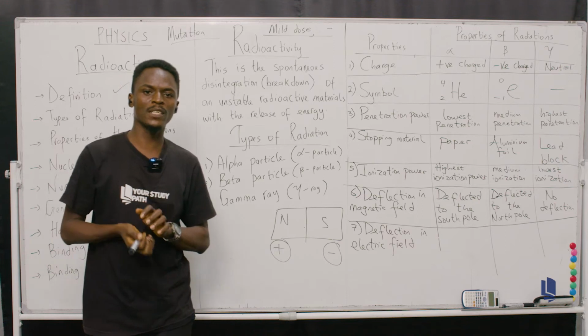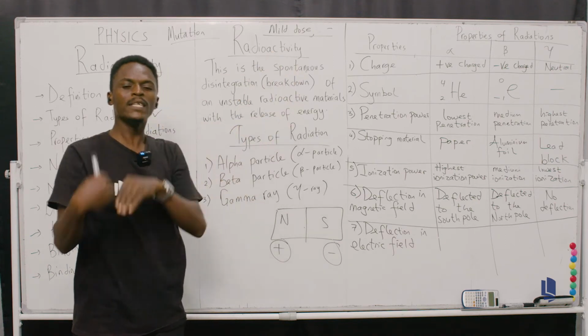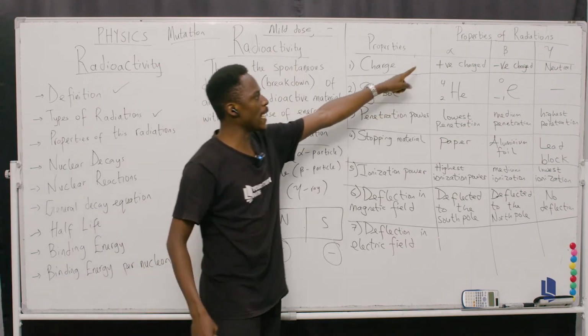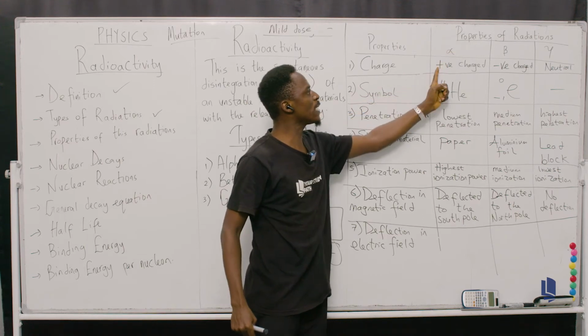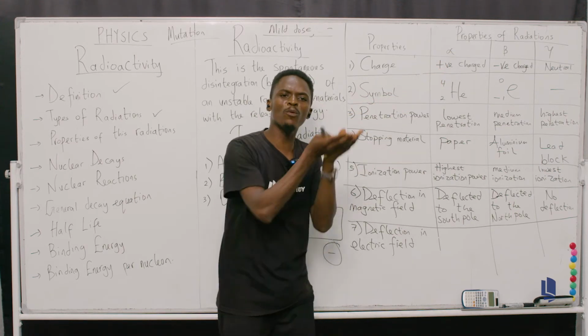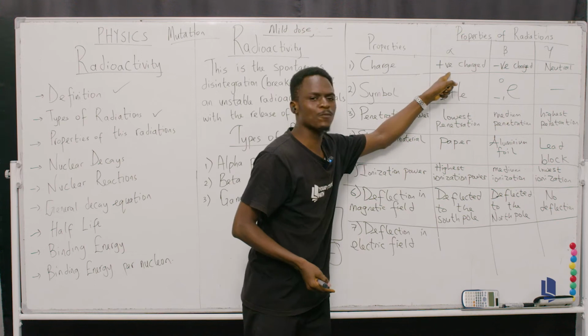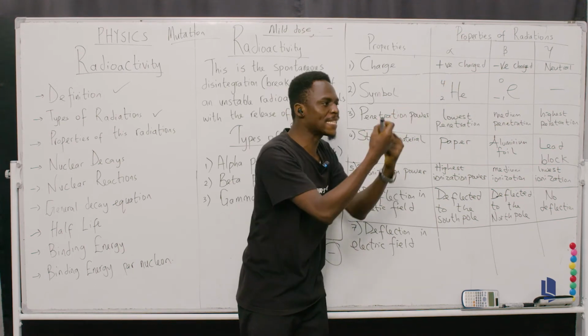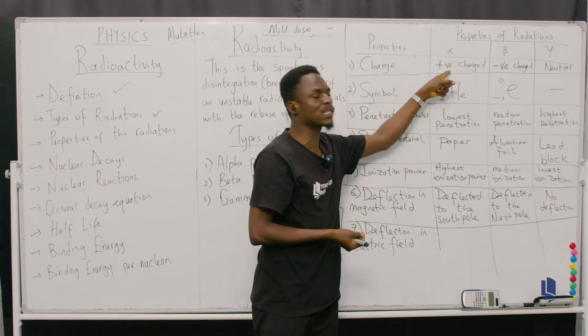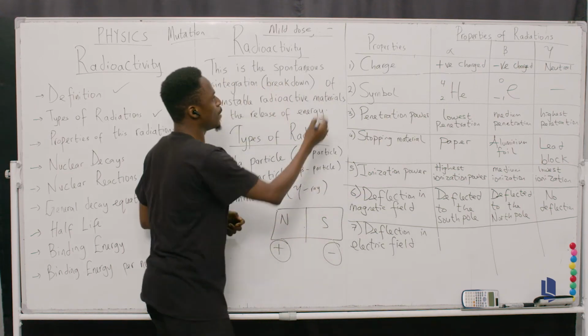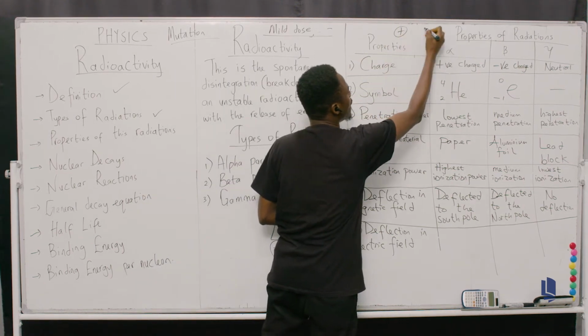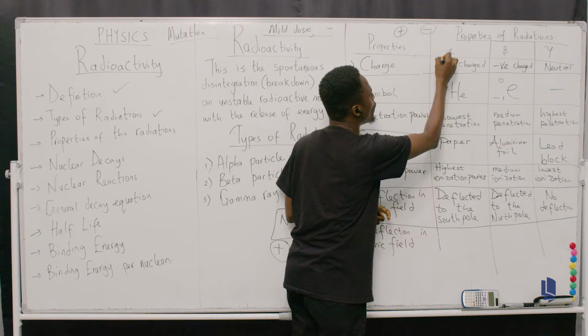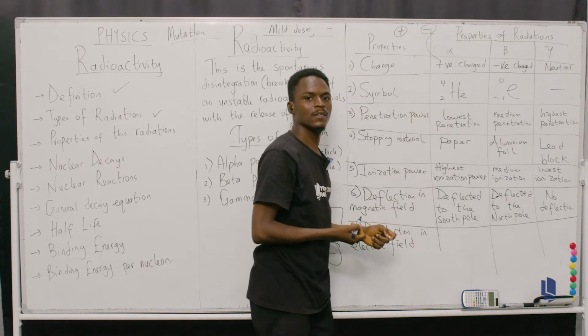Your battery, for example, positive terminal, negative terminal. Alpha particle, what charge does it carry? It carries positive charge. Since it is positive, it cannot get attracted to positive. So whenever you have a positive and a negative terminal, alpha will be attracted to the negative part.